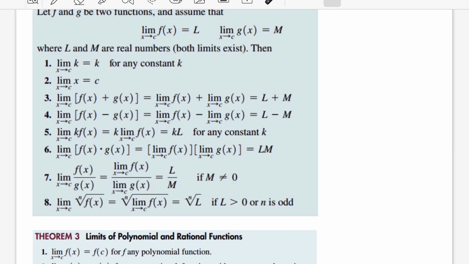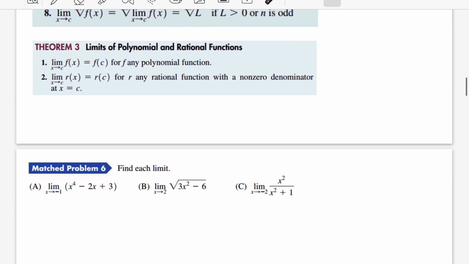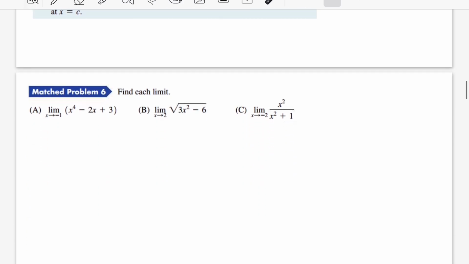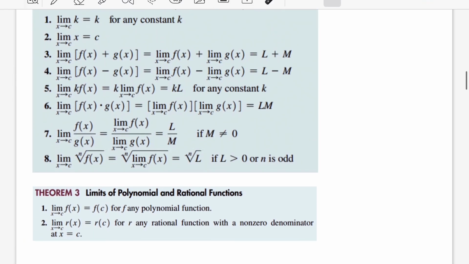Okay, so what we'll do is just go through a few examples to demonstrate this. So let's look at A here. And I'm just going to rewrite this. Okay, so we want to find each limit. And the first thing that I'll do is rewrite this using the properties of limits above.